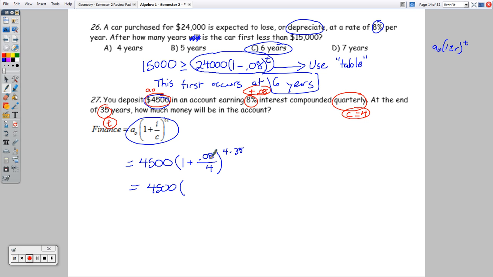That would be up to you, but 0.08 divided by 4 would be 0.02, and then this would be 140. If you want to put that or this into the calculator, either way is fine. Either way you do that, you're going to get approximately $71,984.10.